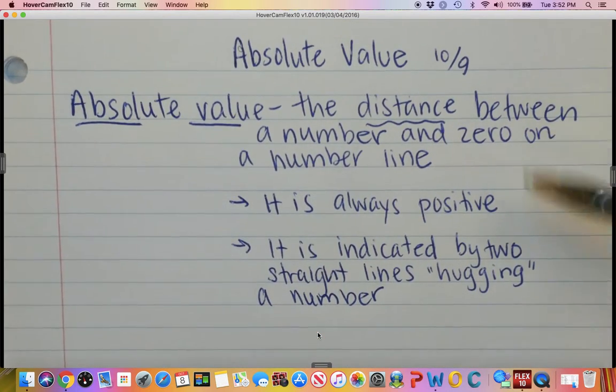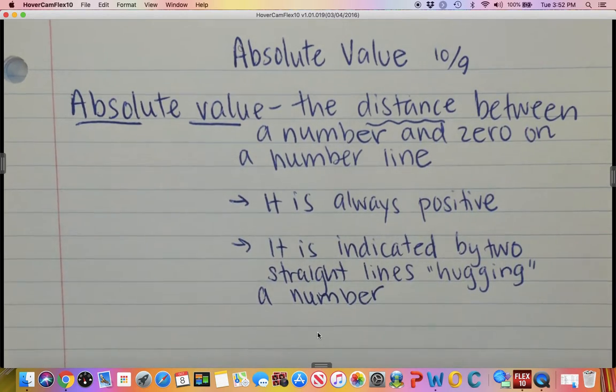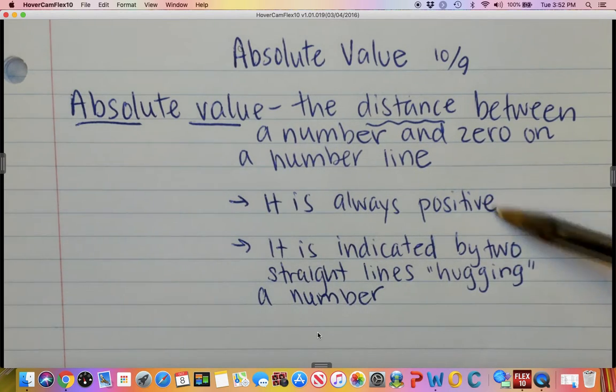The reason why I say that it is hugging, because when I think of hugging, I normally think of hugging in a positive way. You want a hug from someone, and that's a positive thing. Okay, don't take it in the negative way where you say, I don't want to be hugged by that person. If you think of it as a positive way, that a number absolute value is hugging, it relates to these things. Your answer will always be positive.